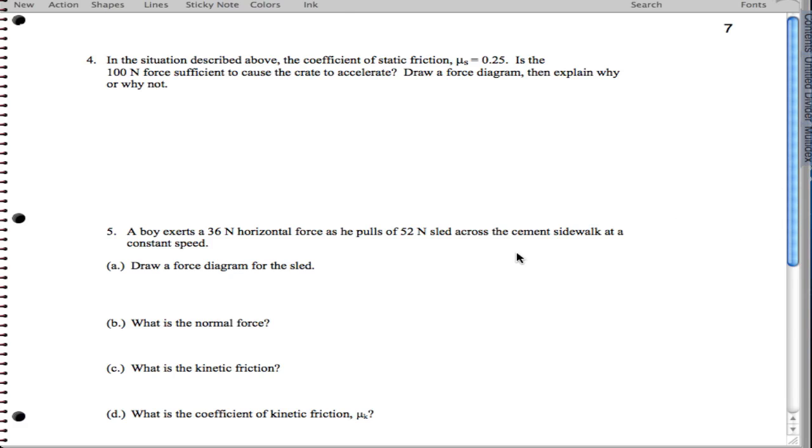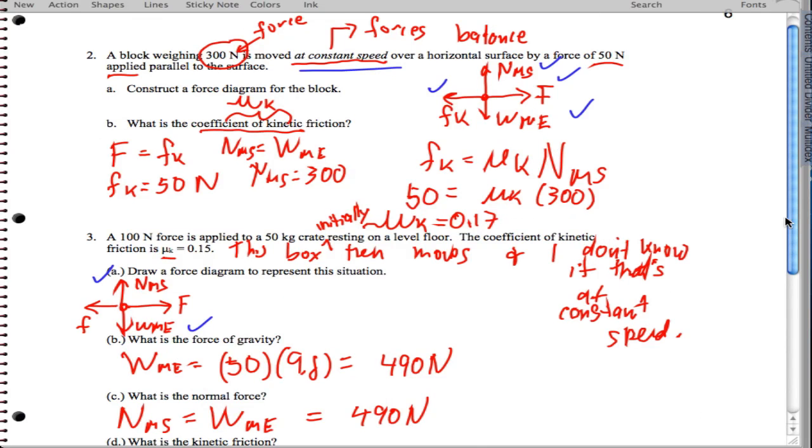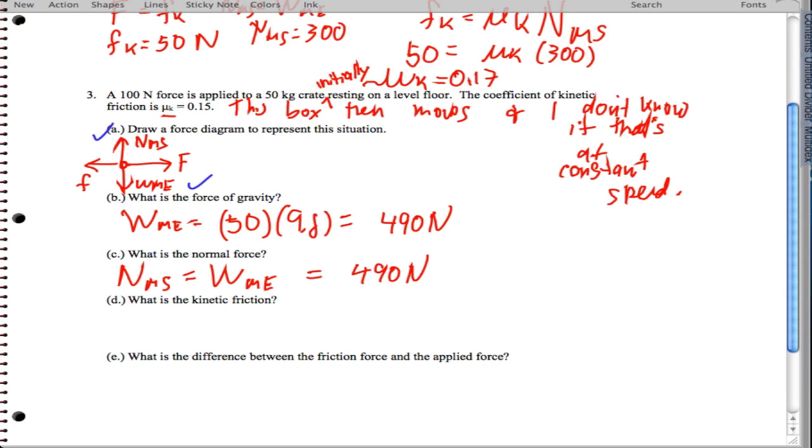Again, in problem 5, they tell me constant speed, so I'm good there too. But in problem 3, they don't tell me, so I can't assume. What they really mean is predict what the friction should be if this is the coefficient. So Fk equals 0.15 times 490.